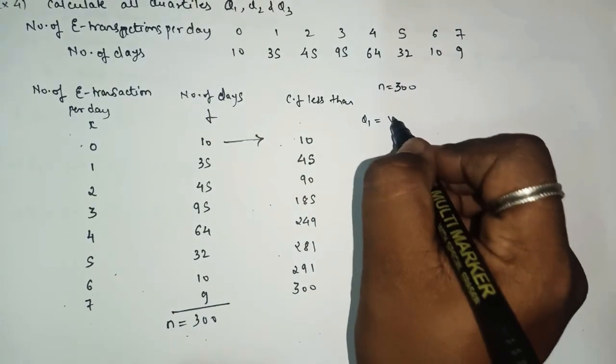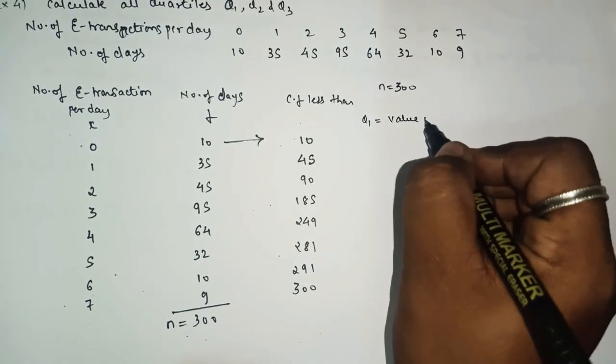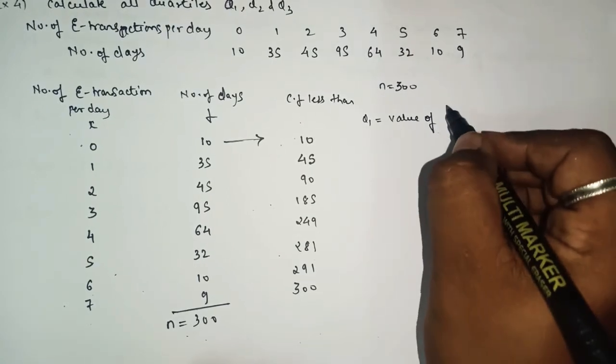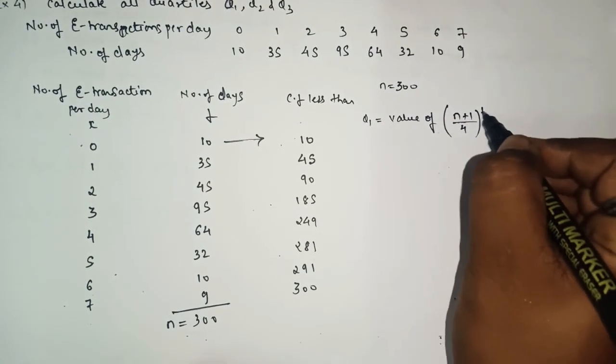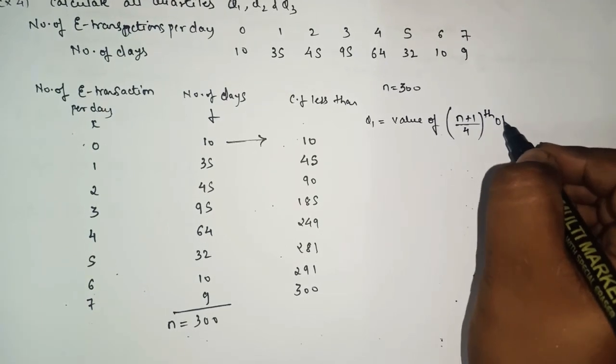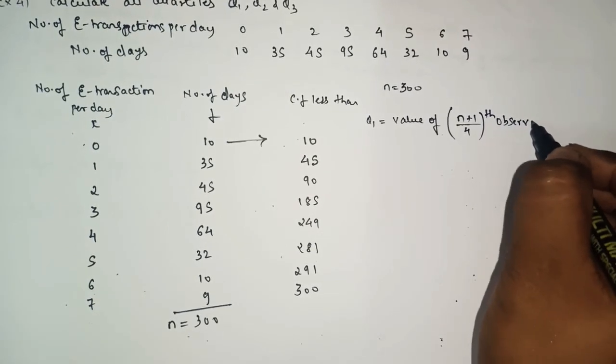So what will the Q1 formula be? Value of (n plus 1) upon 4 th observation.